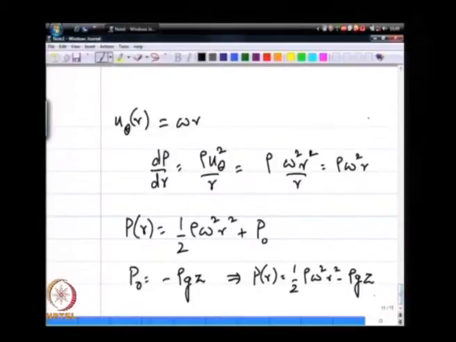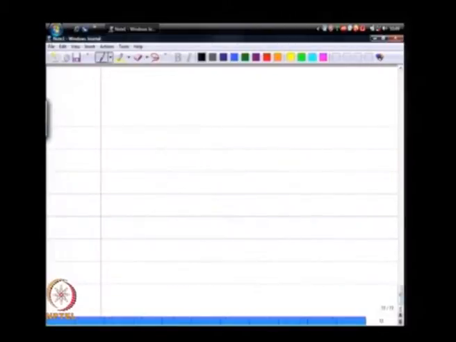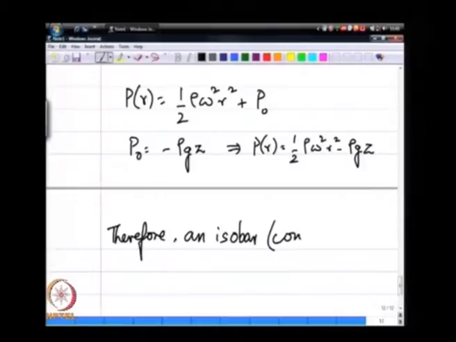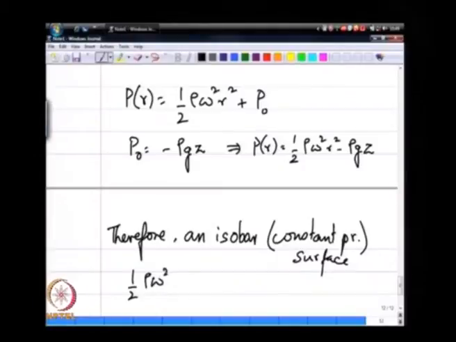Okay. From here I can calculate an equation of an isobaric surface. An isobar, which is a constant pressure surface, is given by half rho omega squared r squared minus rho g z equal to some pressure value, okay, and for atmospheric pressure I am going to set that equal to 0.